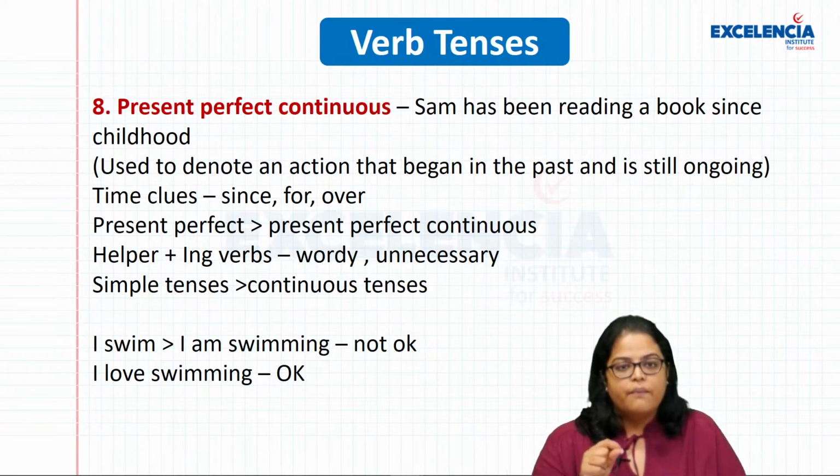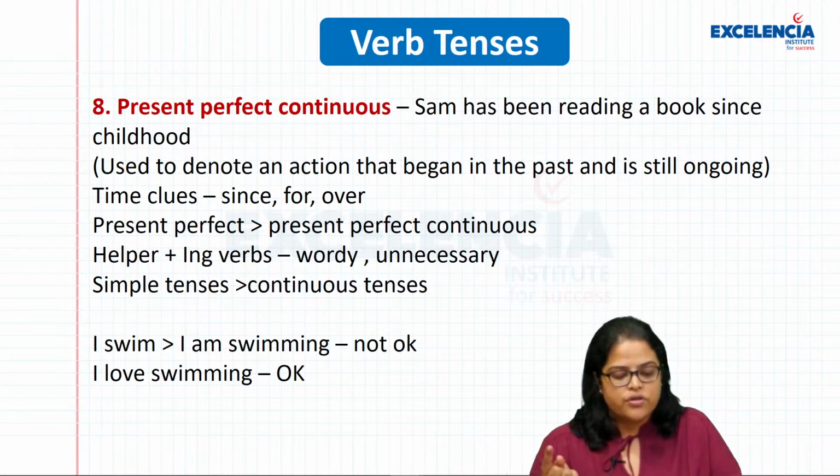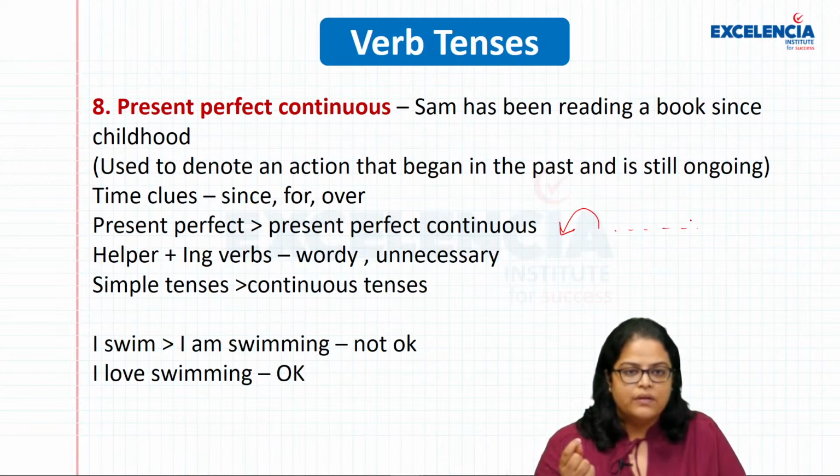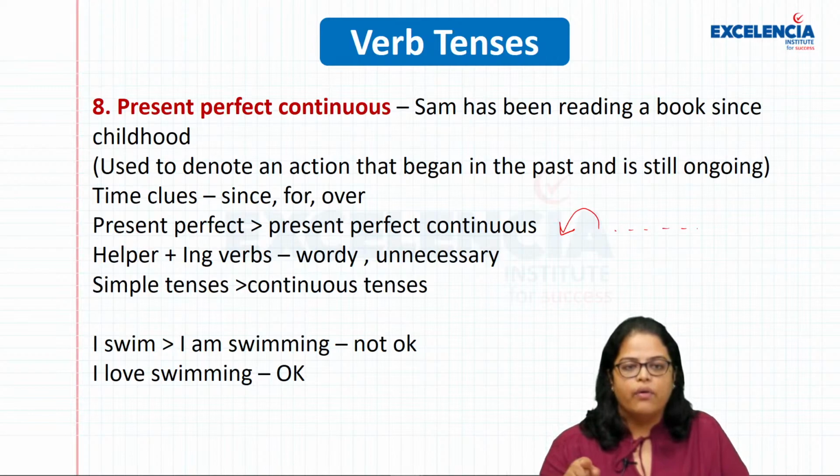Yes, ma'am. Present perfect continuous, on the contrary, is again action began in the past but it is still ongoing. So Aditi has been living in this house for 10 years now. That's also correct. The only difference from the previous tense: when I said Aditi has lived, I know her status quo so far.